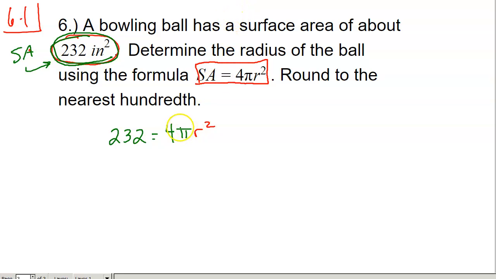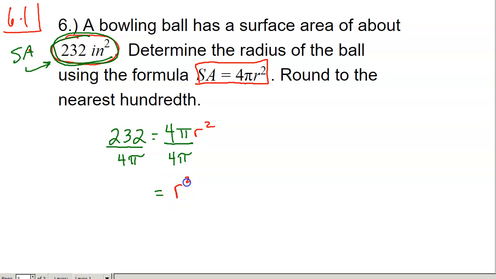So you can see I have this 4 pi over here. So what I'm going to do is divide this out first. I'm going to divide by 4 pi and divide this by 4 pi and plug that into my calculator to figure out what that left-hand side is.